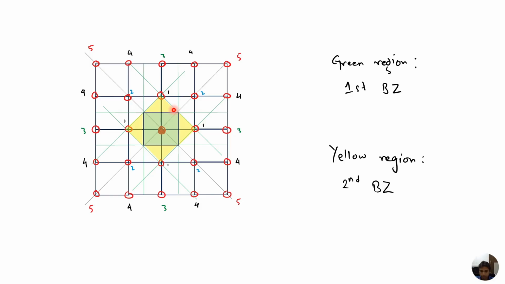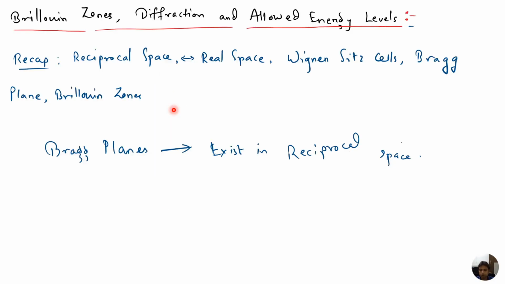Okay. So we'll see an example in 3 dimensions very quickly. What we have learned till now: given a real space, we have a reciprocal space, and if someone gives us the reciprocal space, we can get back the real space as well. Once we have the reciprocal space, we know its Wigner-Seitz cell, and the Wigner-Seitz cell corresponding to the reciprocal space is called the first Brillouin zone.